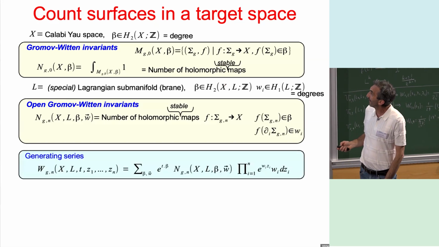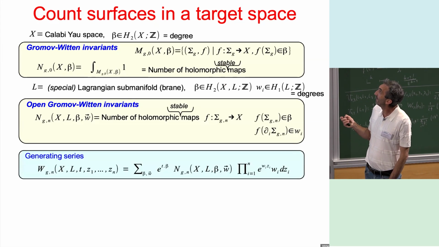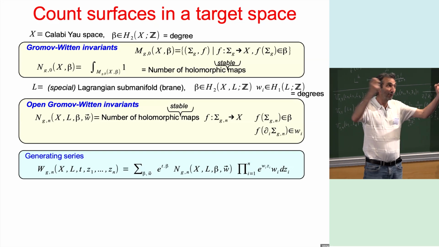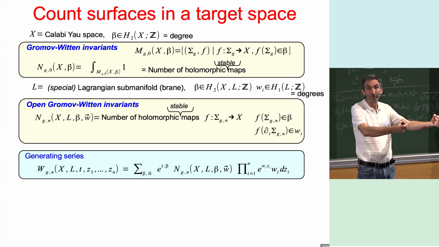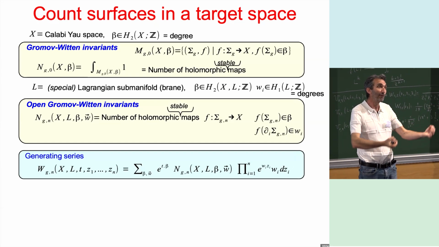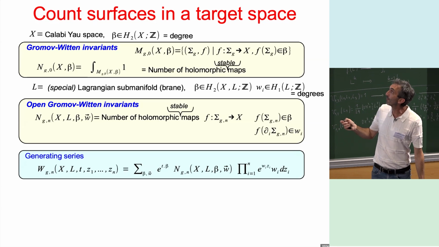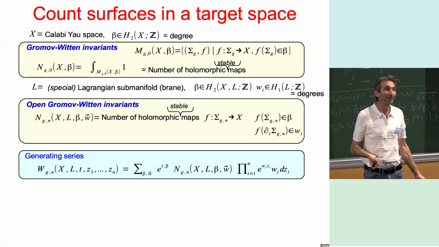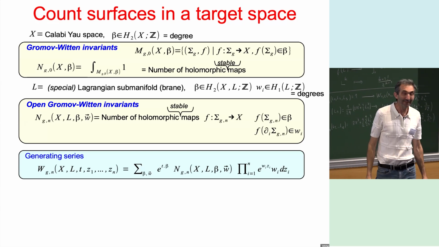But the idea is, again, you want to count in how many ways you can embed a surface of genus G with n boundaries into X. But in order to enter the boundaries, you want them to end in a certain locus in X that is called, well, physicists would call that a brane, mathematicians would call that a special Lagrangian submanifold, but basically it's the same thing.